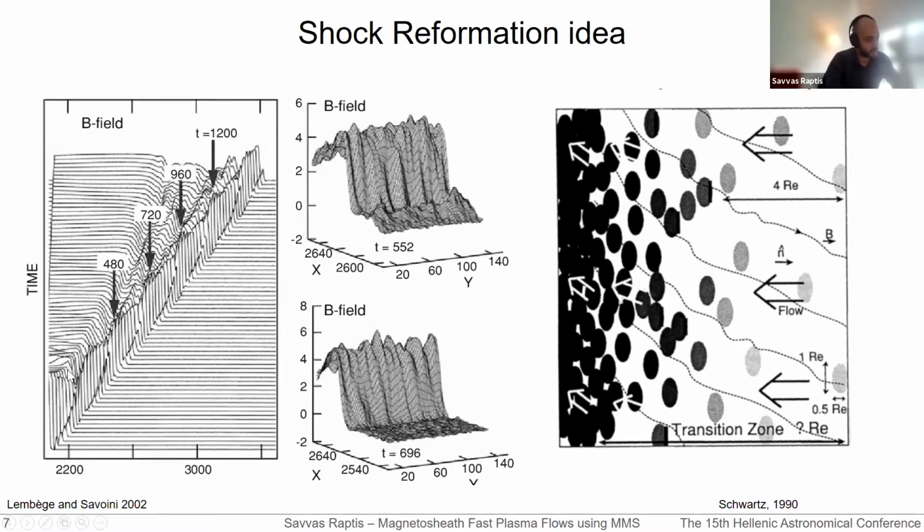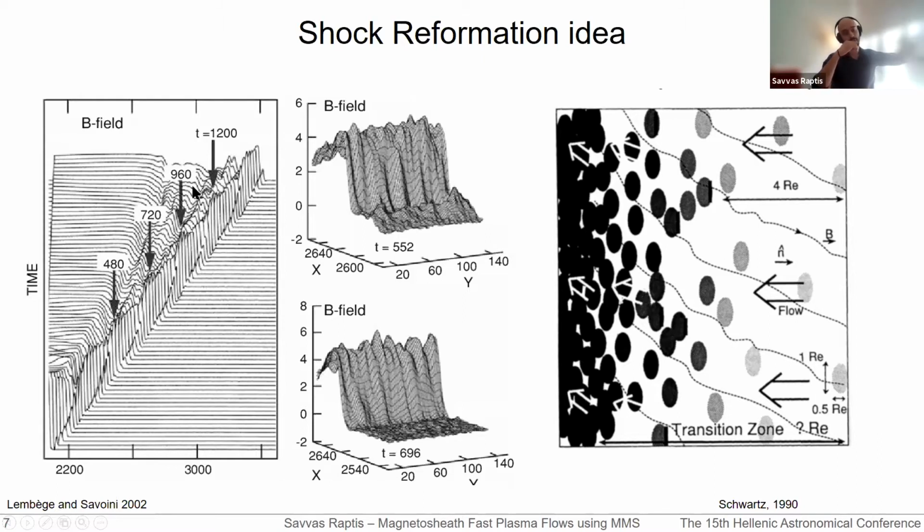Basically, what we see here is that an initial ramp of a shock, going from a low IMF, a low magnetic field, to a high one, evolves in time. The actual shock ramp gets moved upstream of the initial ramp, while the previous one becomes an extended region of high magnetic field, which now corresponds to the magnetosheath.